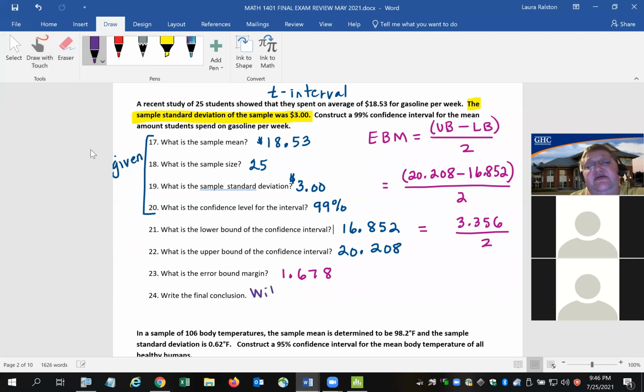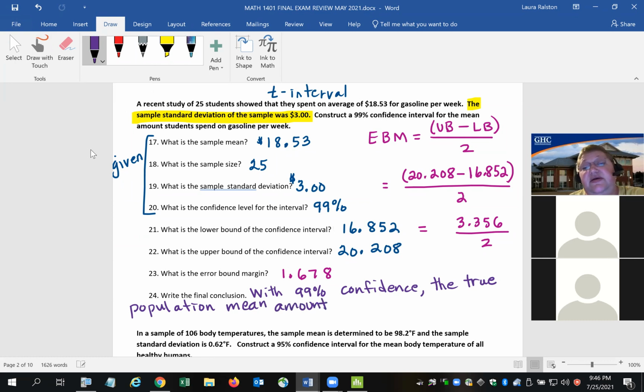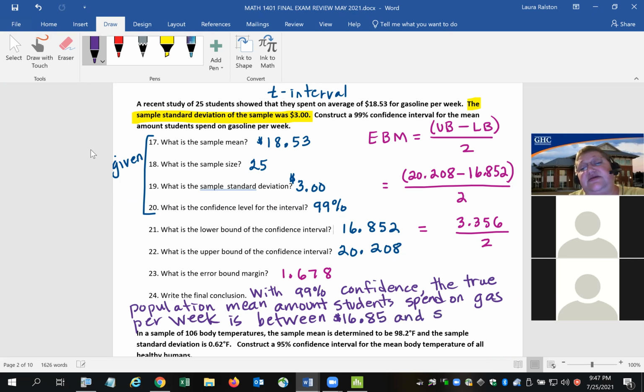We say, with 99% confidence, the true population mean amount students spend on gas per week is between $16, I would probably say $16.85, and $20.21. Round it to 2 places because that's how we normally would state money.